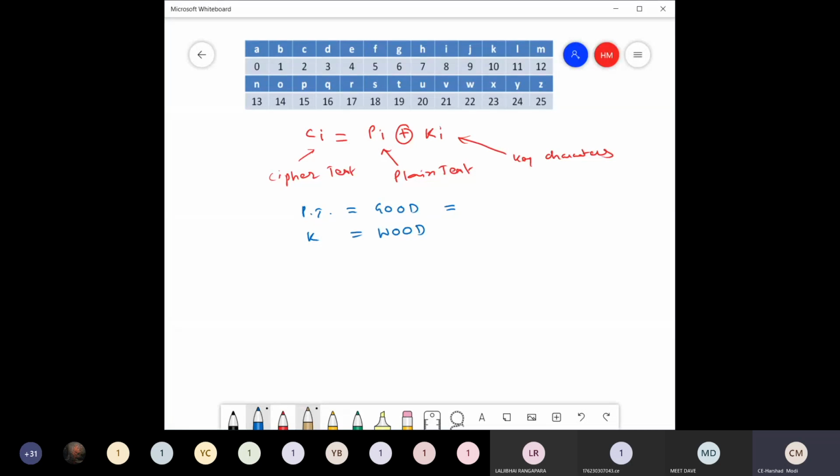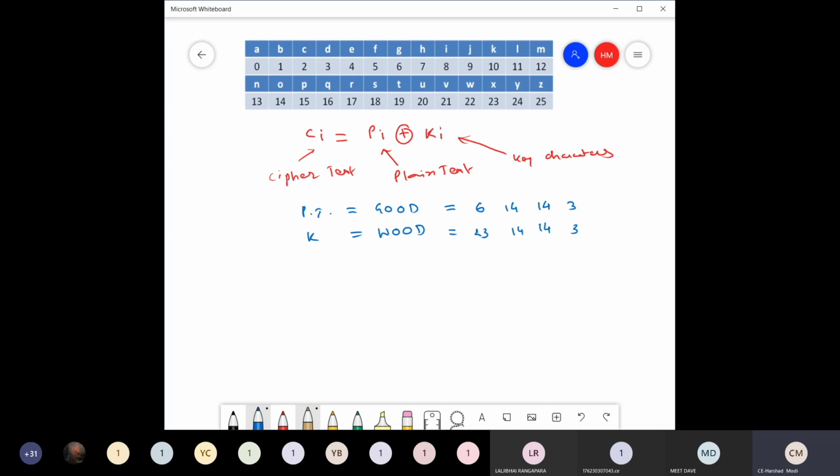So see in the matrix, G means 6, O means 14, again 14, and D means 3. By the same way, WOOD means 23, 14, 14, and 3.